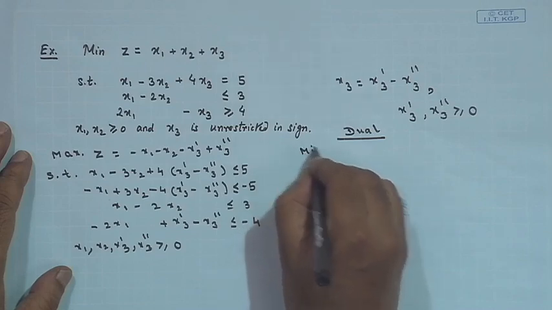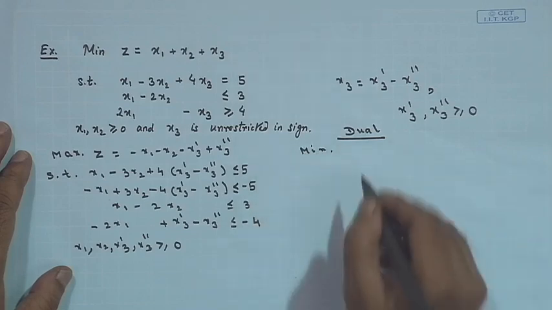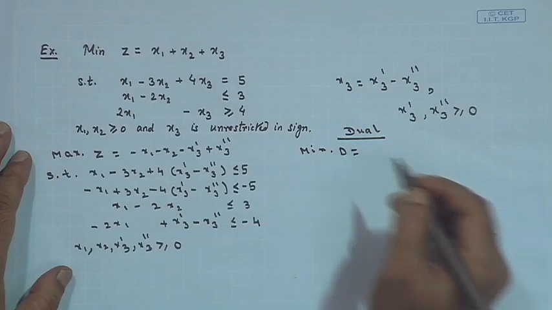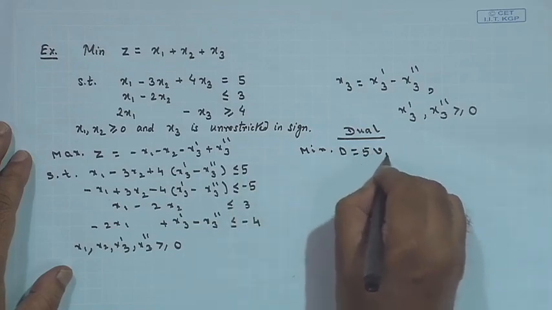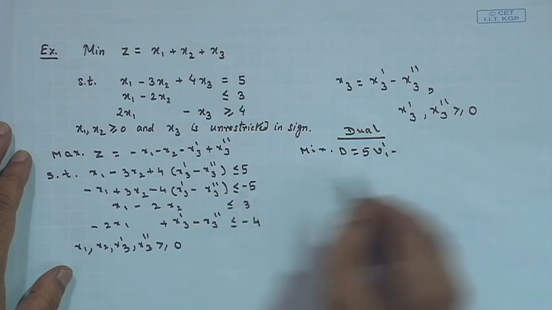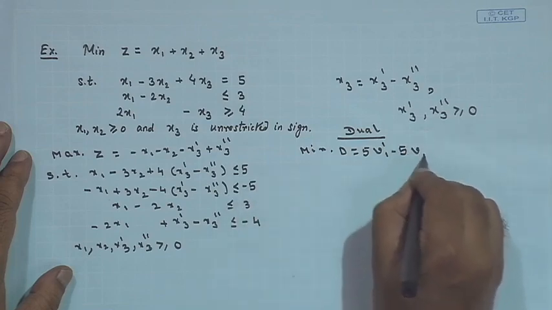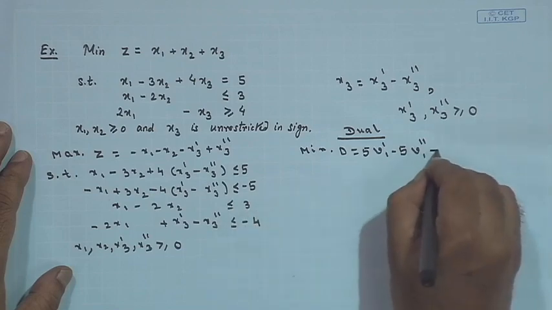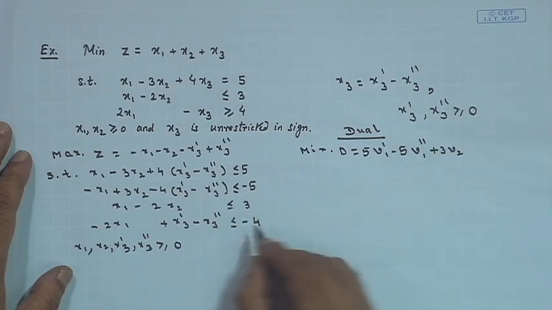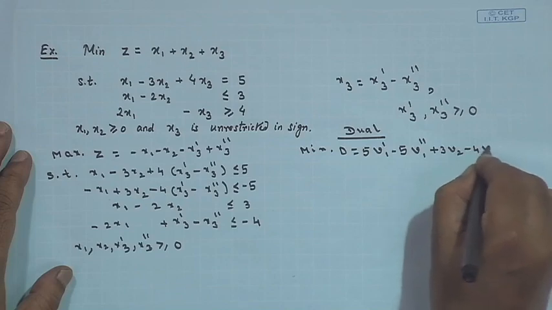So, minimize d equals, the first one is 5, so I am writing 5 v1 dash minus 5 v1 double dash, then plus 3 v2 minus 4 v3.